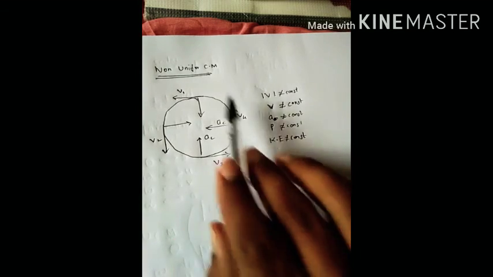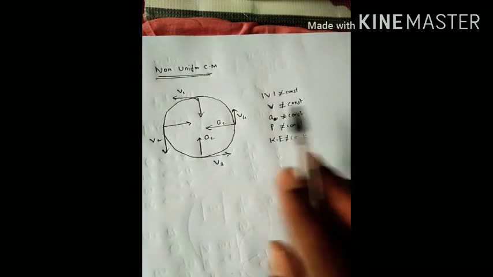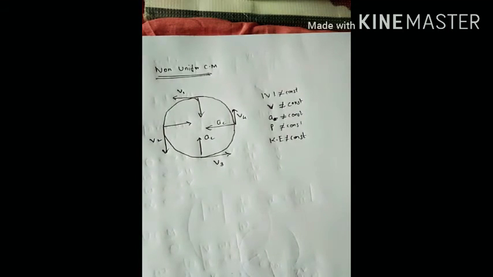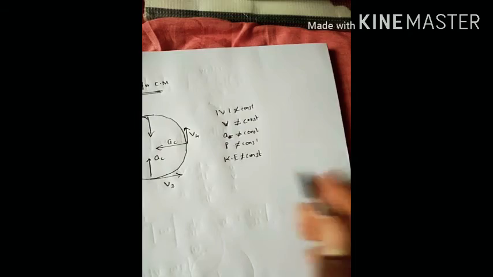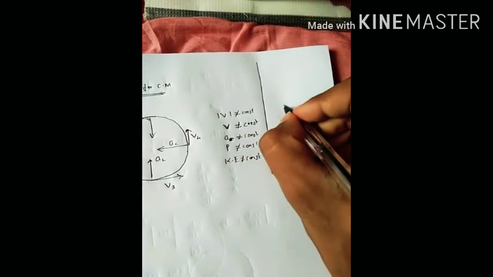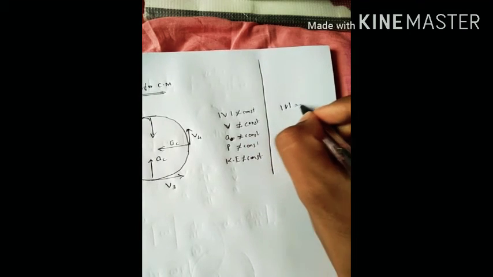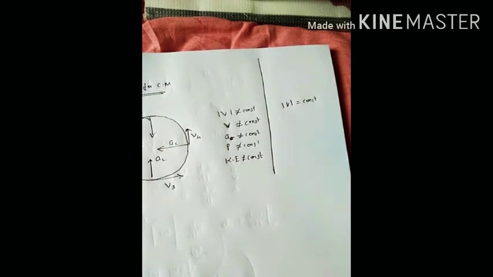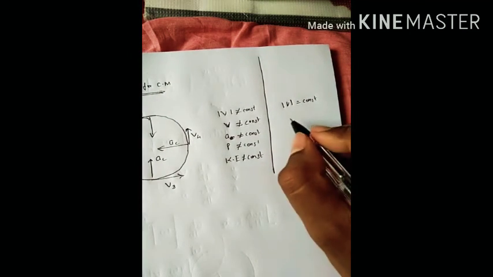It's also different between uniform and non-uniform circular motion. The speed does not remain constant. That's it. Now I'm just differentiating. This is the case of non-uniform circular motion. In the uniform circular motion, the speed remains constant. Then what happens?